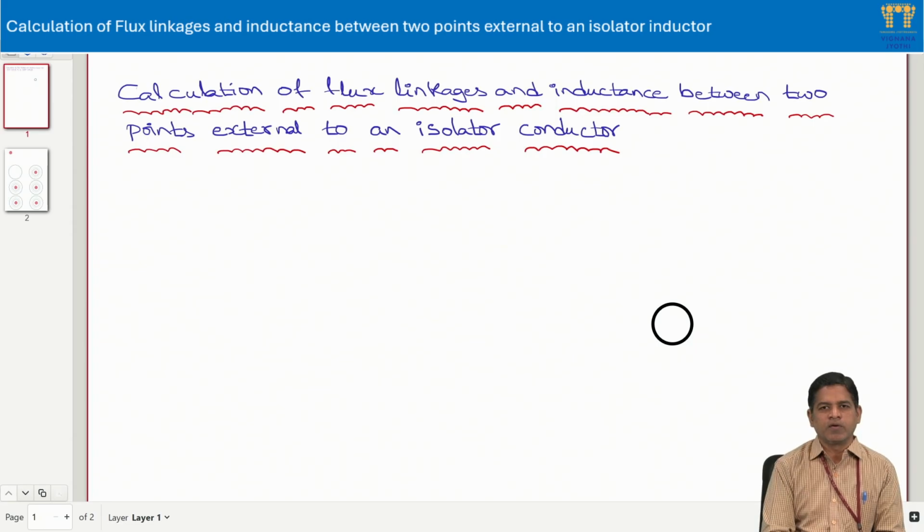Let some current flow through it. So let us show that current flow with this red mark. Here I am using a red mark to show the flow of current in the conductor.